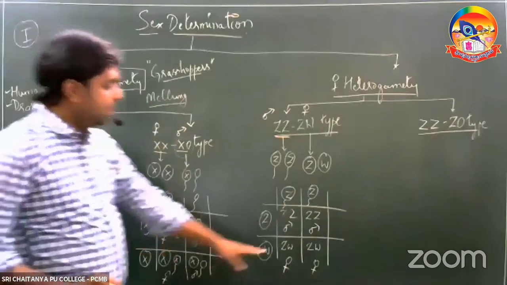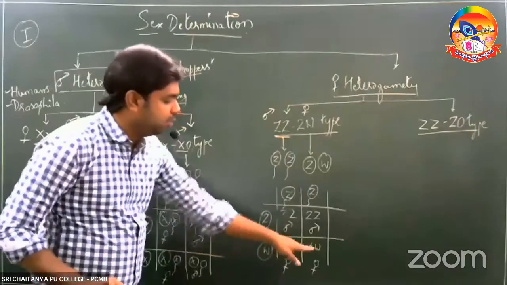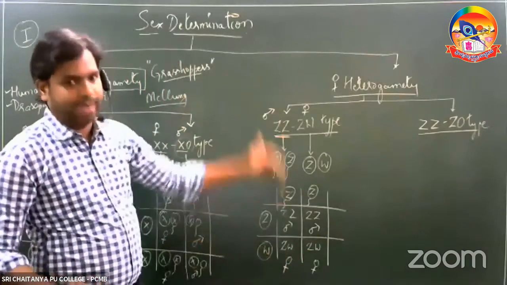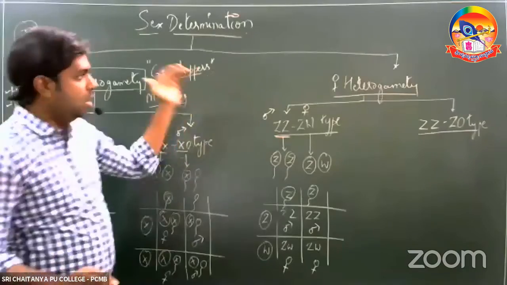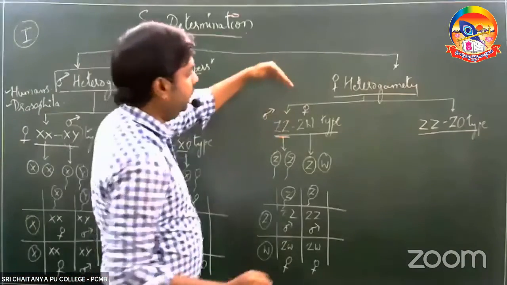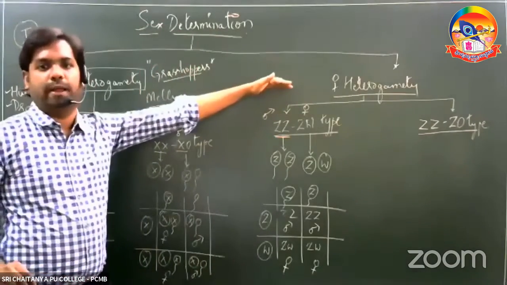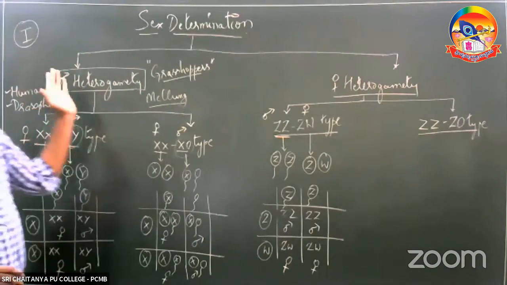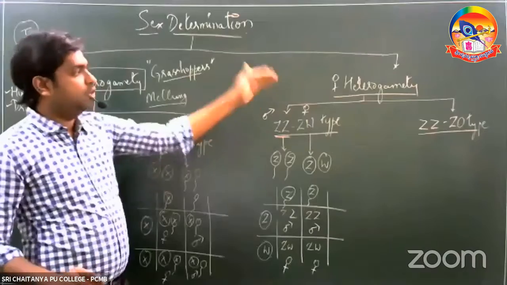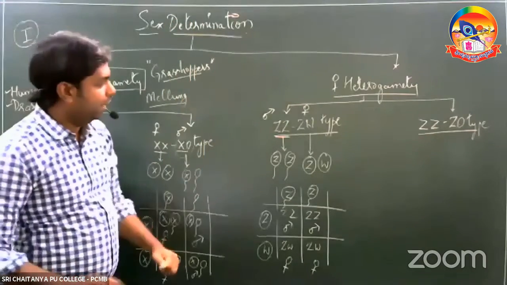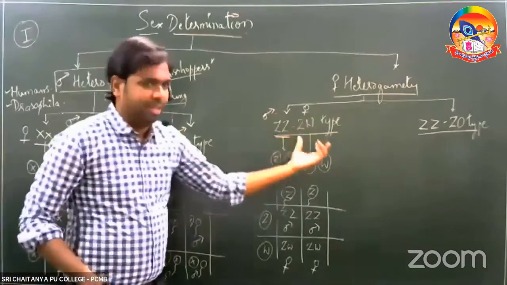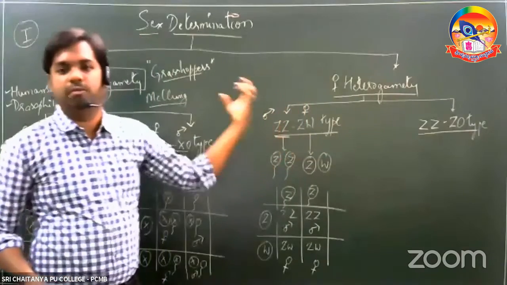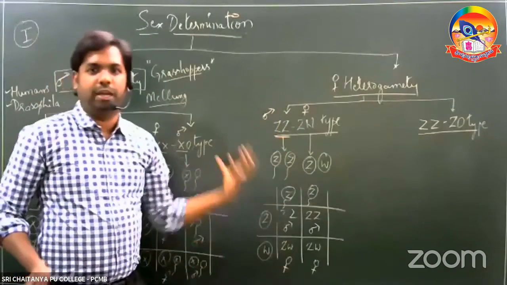So it is again the females who are responsible for determining the sex of the individual in this particular case. In the first two cases, we saw males involved in determining the sex. In this condition, with regards to female heterogamety, the females are actually responsible for determining the sex of the individual.